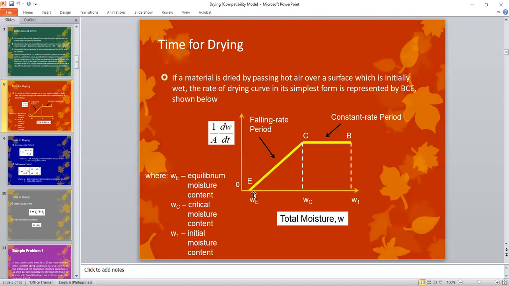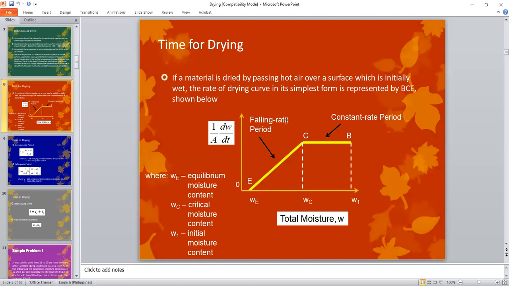As to what these W1, WC, and WE are, they are defined here. WE is the equilibrium moisture content. WC is the critical moisture content, critical in the sense that it's when the drop in the drying rate starts.